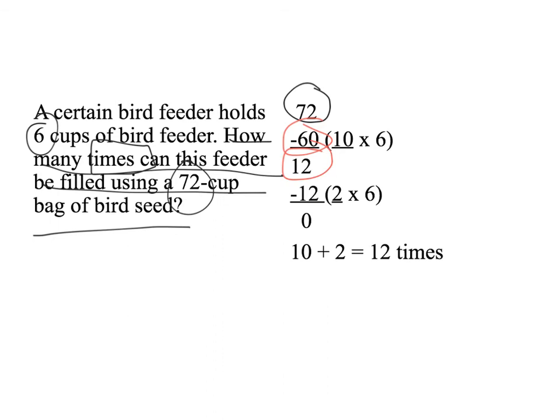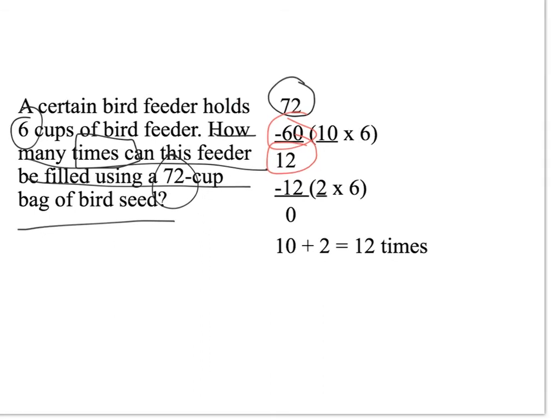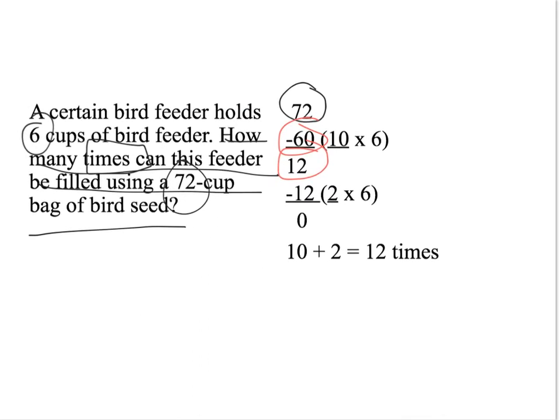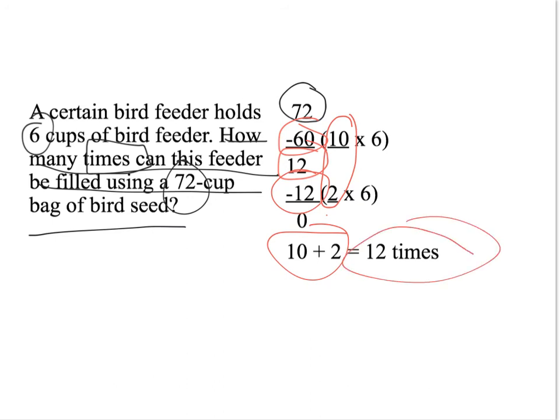So I know if I have two groups of 6, that's 12. So if I subtract 12, then I get to 0. Well, then I take the two numbers. I had 10 groups of 6 and 2 groups of 6. I add those together. So my question asks, how many times can this feeder be filled using a 72 cup bag of birdseed? Well, 10 plus 2 is 12, so it would be 12 times.